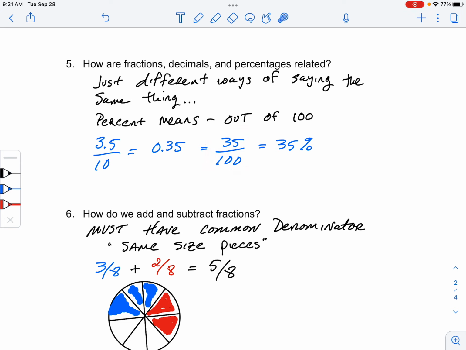For example, if we had this fraction 3.5 out of 10, and you put that in your calculator, it'll give you something like this, 0.35. And we recognize that what this really is, is 35 out of 100, or 35%. It helps some of us to think about the decimal places as well, like that 3 is in the tenths place, and that 5 is in the hundredths place. So this would be 35 out of 100, as we see right here.